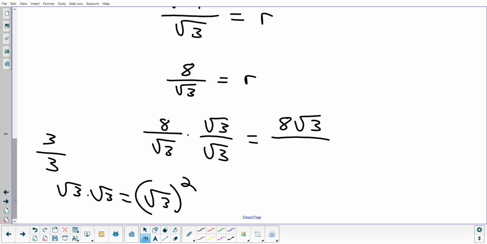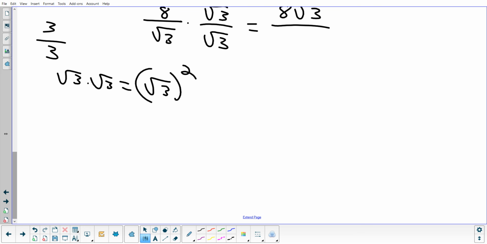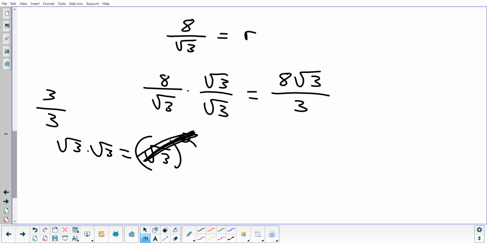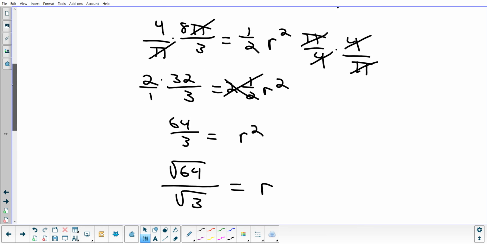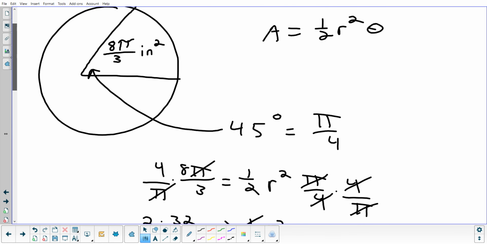It's the square root of 3 squared. And what happens when you square something and it has a square root? Those are gone. Okay. So that would be the final answer, doing all the arithmetic to clean it up. I just need my label. Inches.